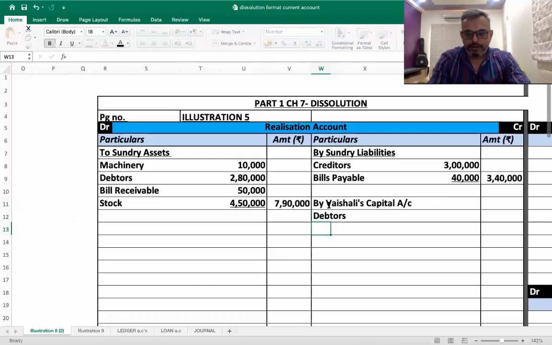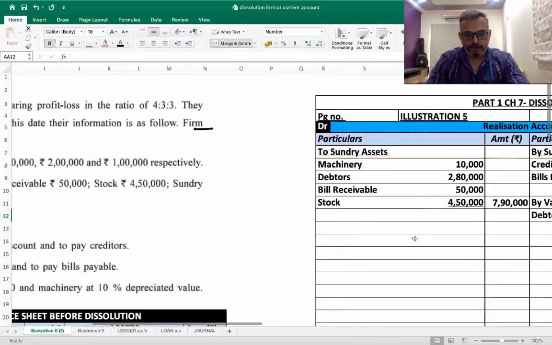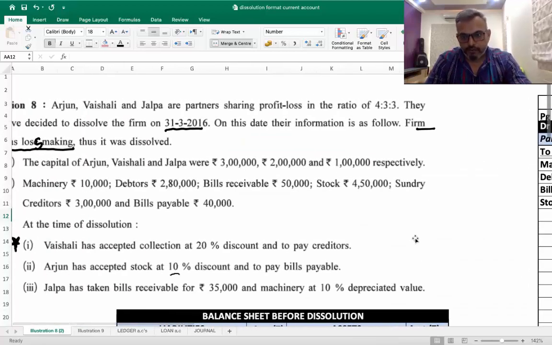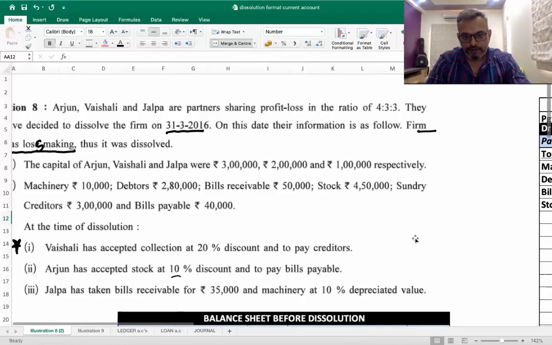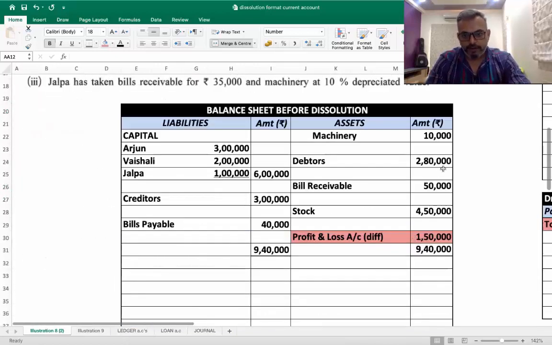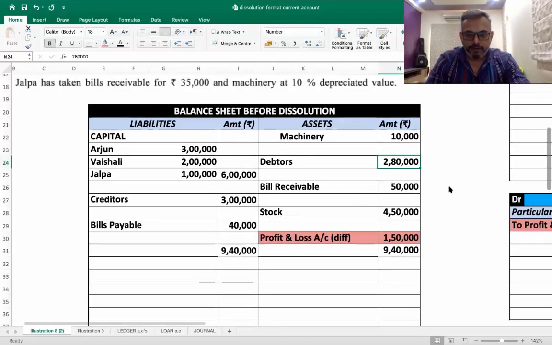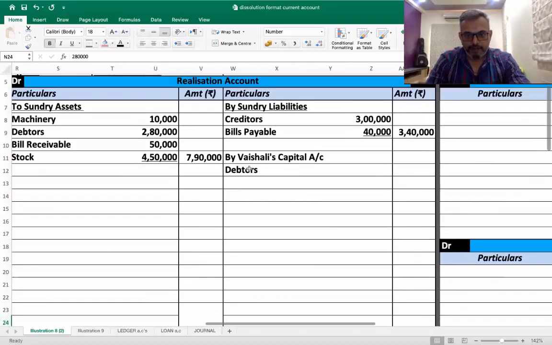Debtors. Debtors क्या रेट पे उसने लिए है? 20% discount पे. So calculate 20% discount. 2,80,000 का 20% minus करो.